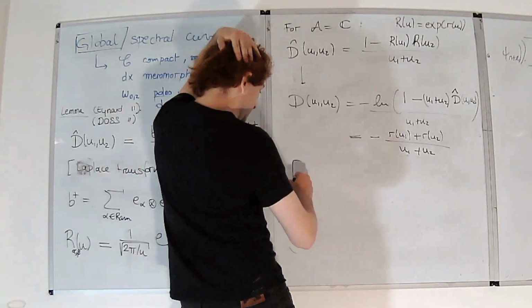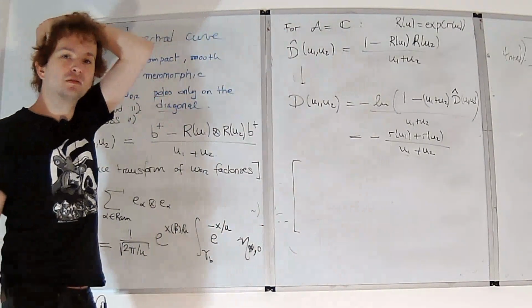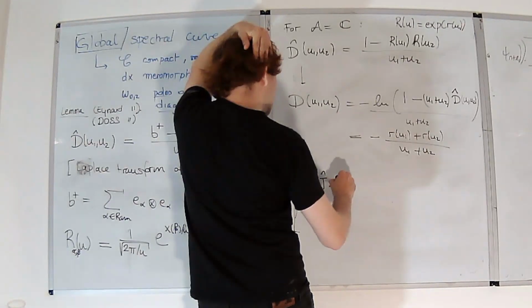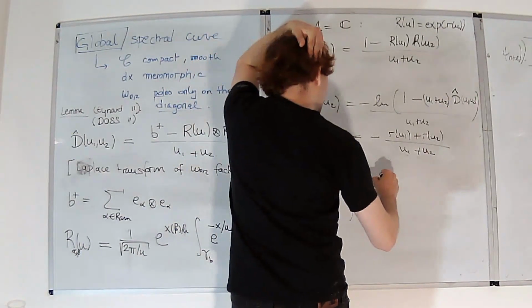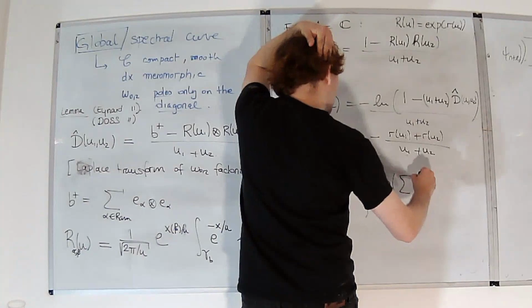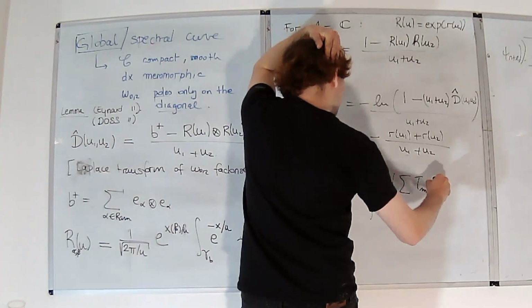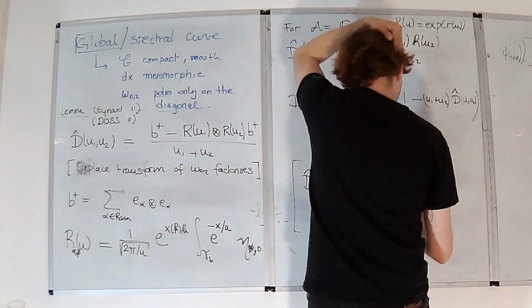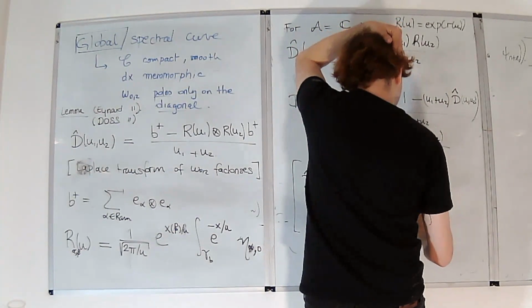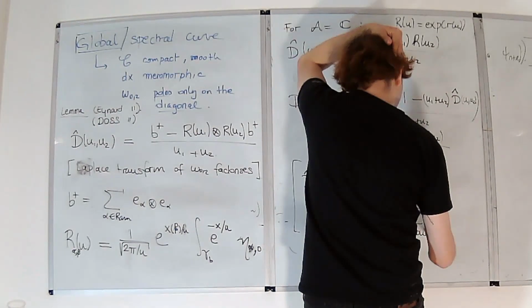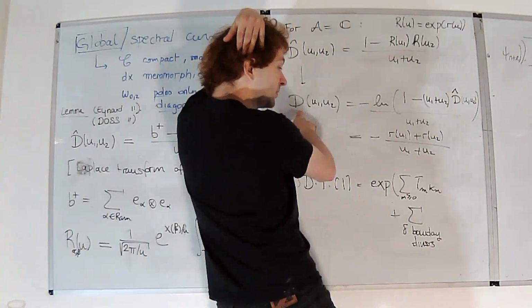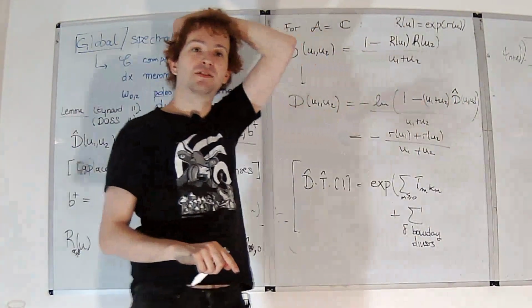So just a little reminder. What this D was used for is that when you have D hat, T hat, then we can write that as the exponential of a sum of the T m kappa m, and then plus a sum over boundary divisors, and here we had this D of psi bullet and psi circle.